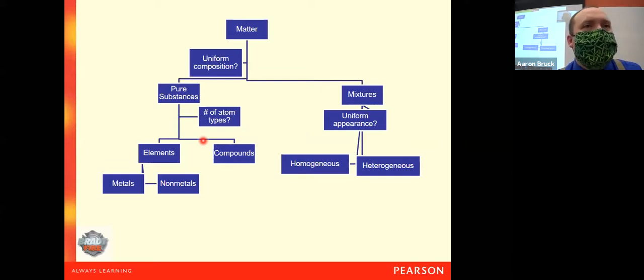Yes? Were there 3 states of matter? Yes, there are 3 states of matter. Can you tell me what they are again? The solid, the liquid, and the gas. Now, I said on Friday, some of you probably have heard of a 4th state, plasma. You might have heard of things like plasma torches. We're not going to talk a whole lot about that.